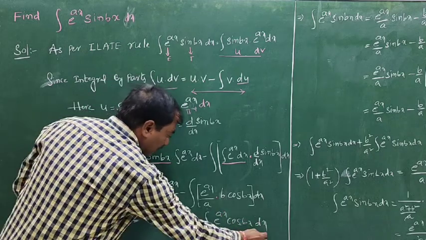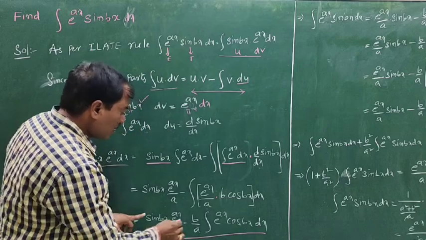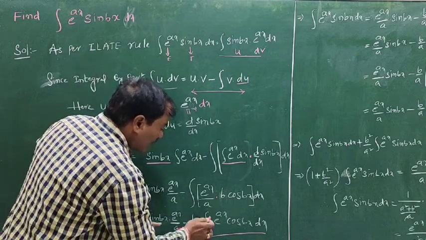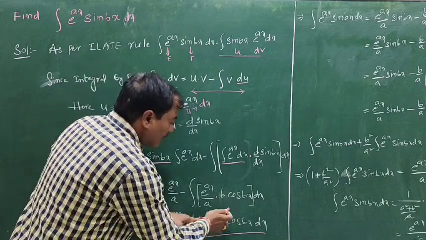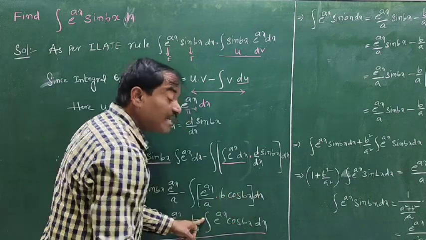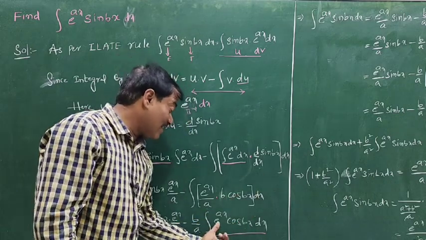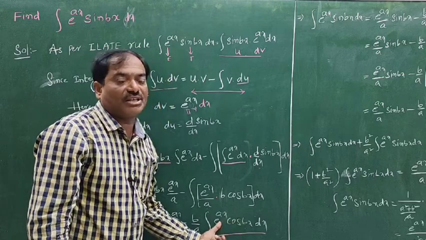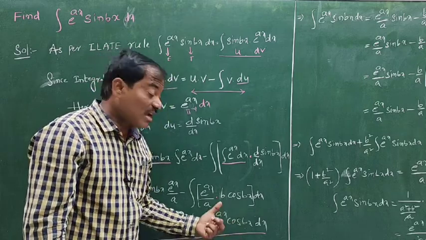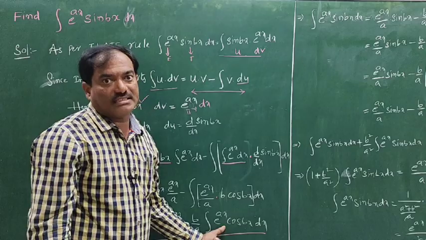Now we get this one. And remember, here we again have one more integral, integral e power ax cos bx dx. In this integral, again multiplying two different functions, we again apply integration by parts.